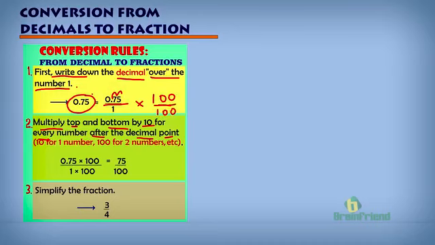We chose 100 because we had two numbers after our decimal point. If we had just one number, say for instance 0.7 over 1, we'll multiply the top and bottom by 10, one zero, one number after the decimal point. I hope it's clear. Let's go on.